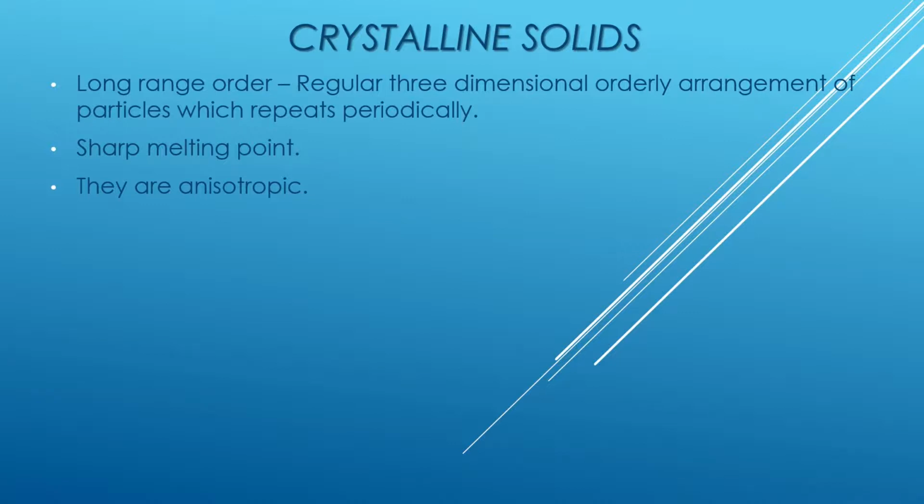They mean that some of the physical properties of a crystal, that is the mechanical strength or electrical and thermal conductivity etc., have different values when measured in different directions. If you take a crystal and measure some of the properties at one end, it will be different when you measure the same properties at the other end. That is what anisotropic means.